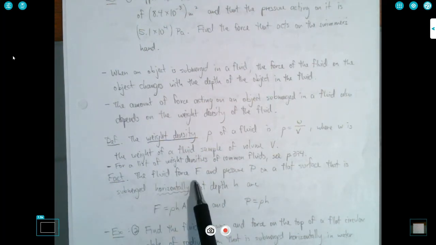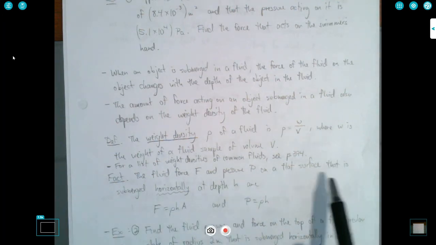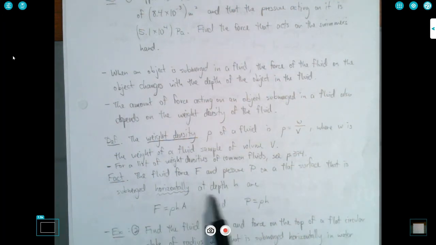So the fluid force F and pressure on a flat surface that is submerged horizontally, right? And that's important. That's why I kind of squiggly underlined it. If it's submerged horizontally at a depth h, then the force is rho times h times A, where A is the area of the object. The pressure is just going to be rho times h, okay?